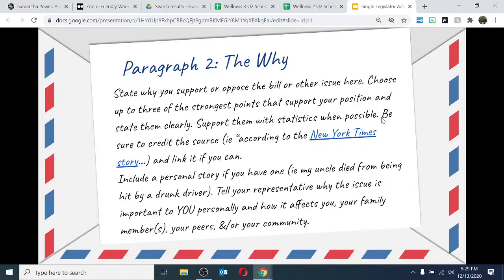If you're trying to decide who in our group this letter is going to actually be from, that's who it should be from, all right? If you cannot think of a personal story, obviously don't make one up. Then you need to have a lot more research supportive information, statistics, facts, etc. Okay? If you have a personal story, you gotta kind of balance those two things out, because again, you have to keep the letter to a page or a little bit less.